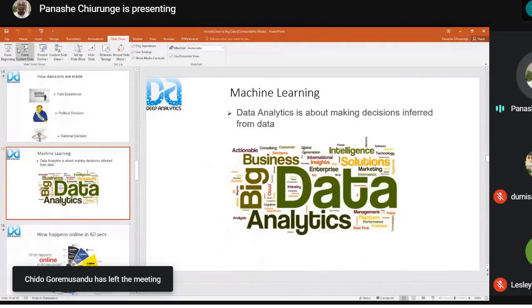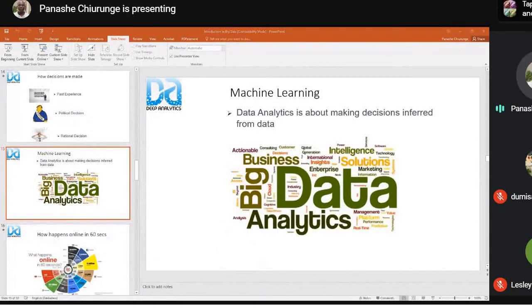So when we talk of data analytics and data science and machine learning, we're talking of decisions that are made and inferred from data. So there's no rationalization, there's no guesstimation, there's no thumb sucking, there's no politics involved.